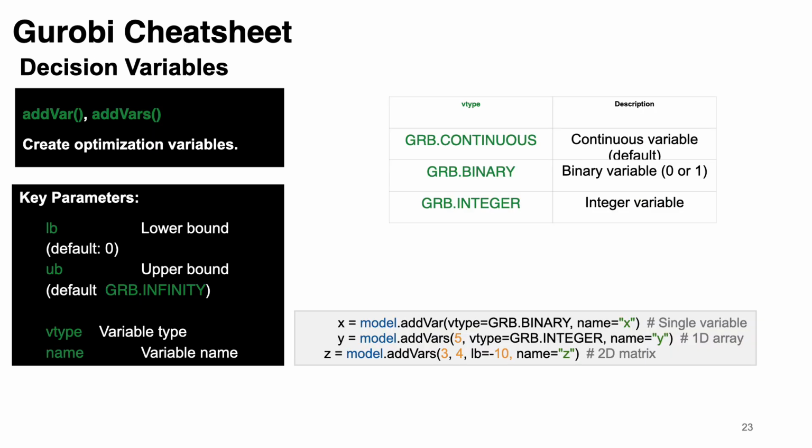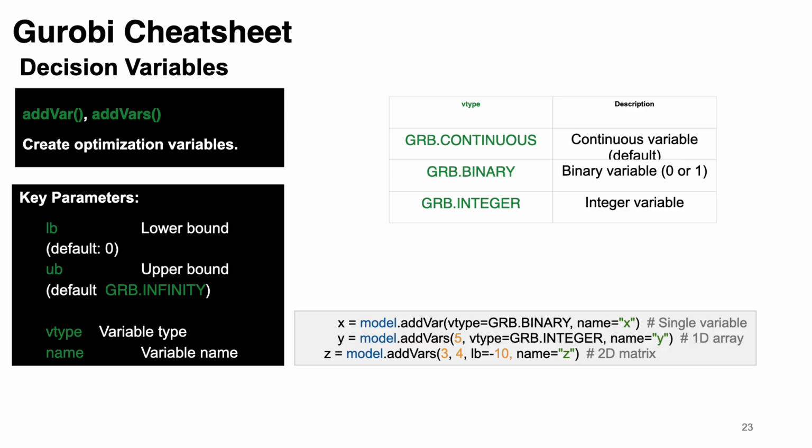Once the model is initialized, we need to create our decision variables. We do this using the commands addVar for a single variable or addVars to create arrays or matrices of variables all at once. When you define a variable, you can specify several key parameters. LB sets the lower bound, which defaults to 0, and UB sets the upper bound. The vtype, or variable type, is essential.